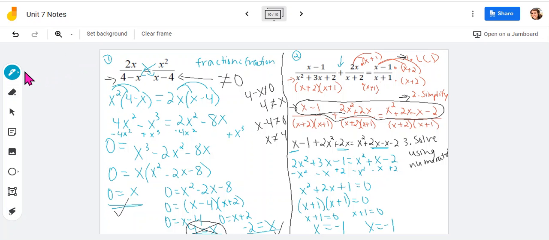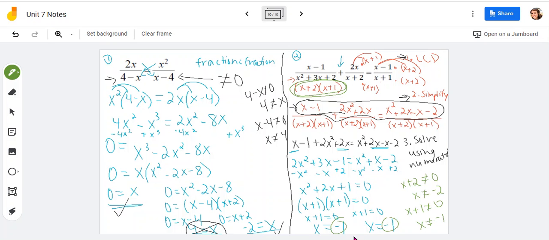And then, like we did in the last one, we have to check those restrictions. So we're going to go all the way back up and look at our LCD and figure out where that can not equal 0. So x plus 2 can't equal 0, so x can't equal -2. Well, that's okay. And then x plus 1 can't equal 0, so x can't equal -1.